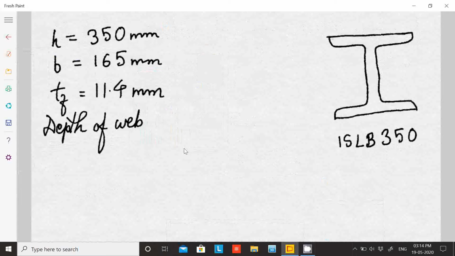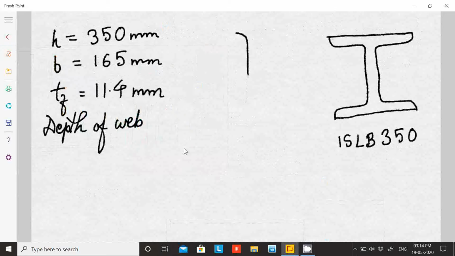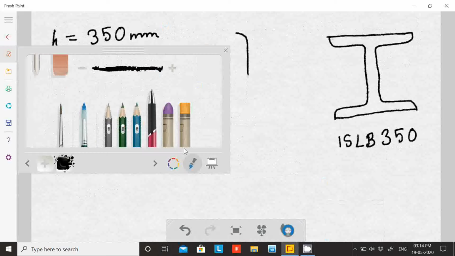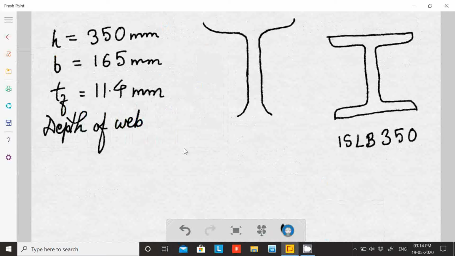Okay, for depth of web, if you look into the web a little closely, this is the part where the flange starts on both sides.